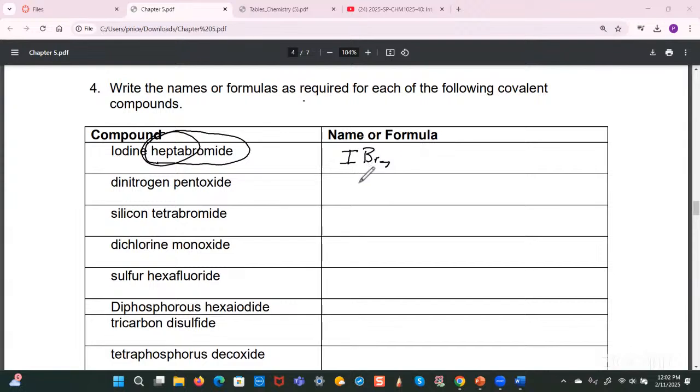Dinitrogen pentoxide. What's the formula for that?